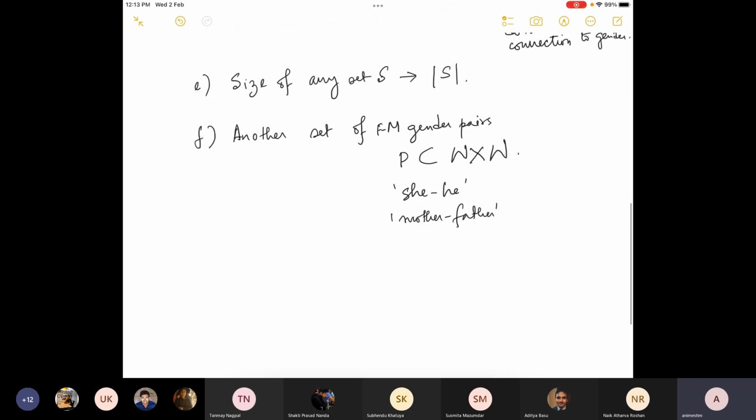Right. Now similarity between word vectors or embeddings.